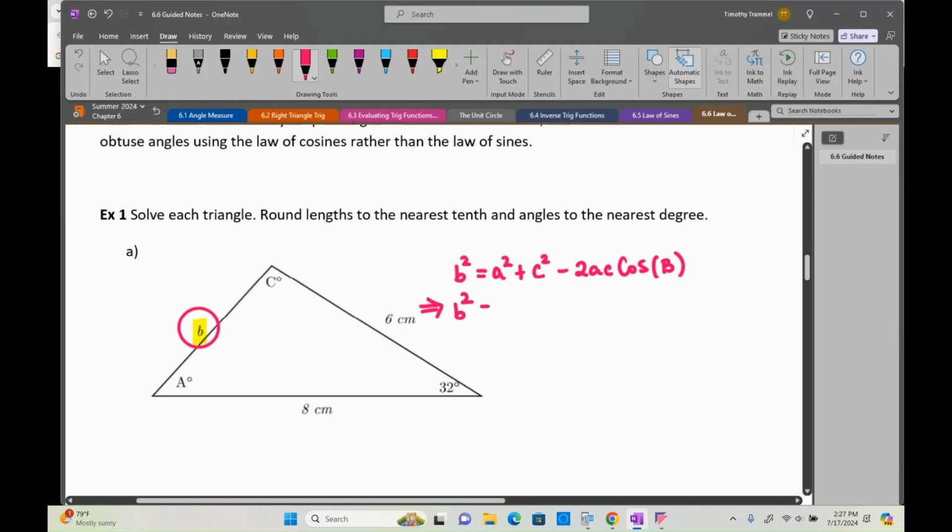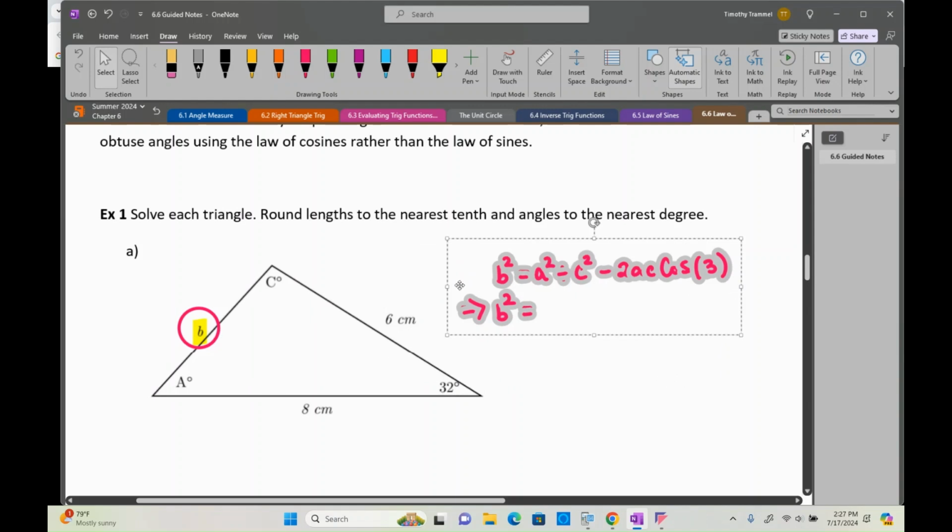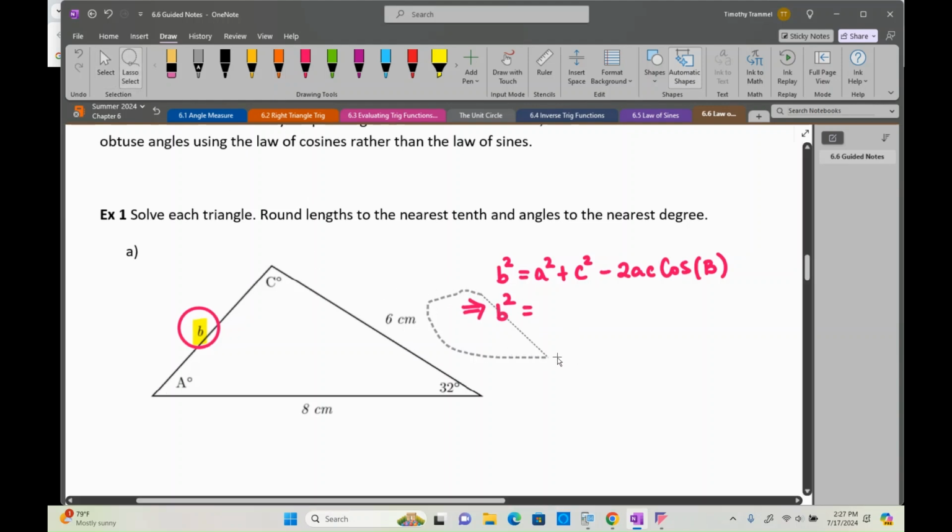So then I have b squared is equal to, and now I'll fill some of these things in. Although I think I'm going to scoot this over just a little bit. And let me bring this down. There we go.